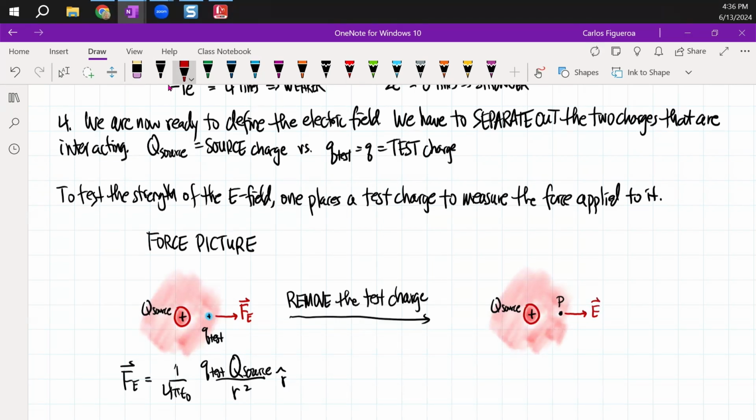So how we get the electric field at point P is that we have this thing called the source. When I look at the electric field of the source, in order to get rid of Q test, I have to divide the force by Q test.